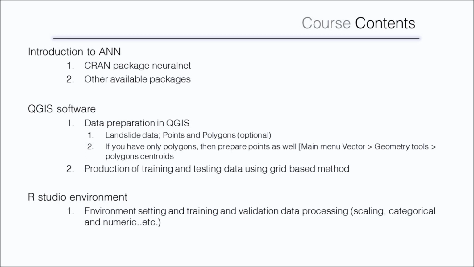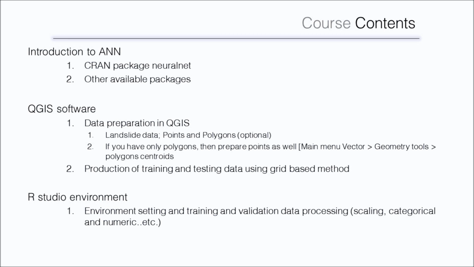We will also continue with QGIS to produce the training and testing data using the grid-based method. As you see here, the grid-based method uses pixels, pixel to pixel. If you go through the literature, most of the statistical analysis work done in GIS uses pixels. At the same time, you may use another way of representing the response, like slope units, which I presented in a different course earlier.